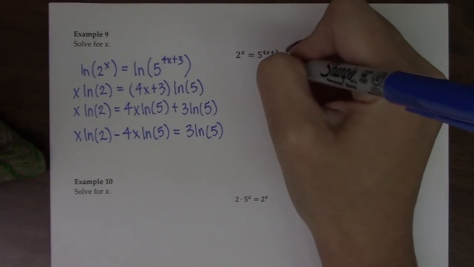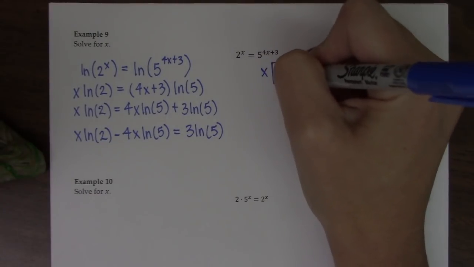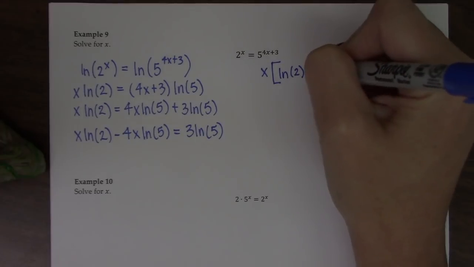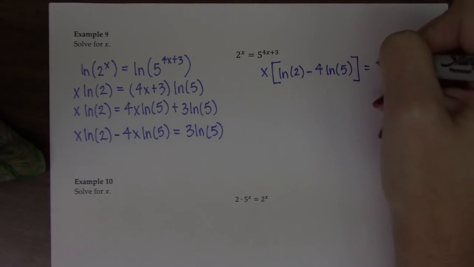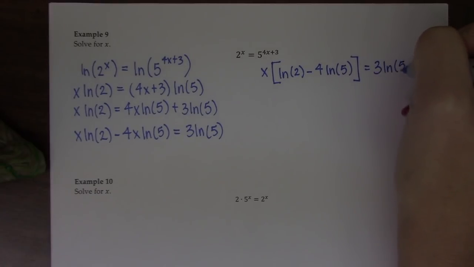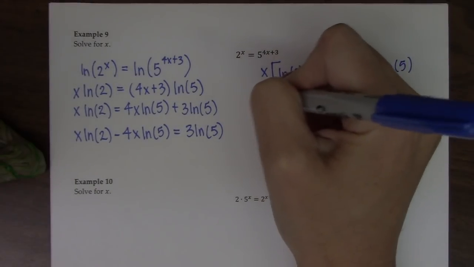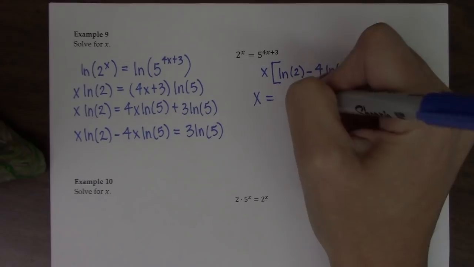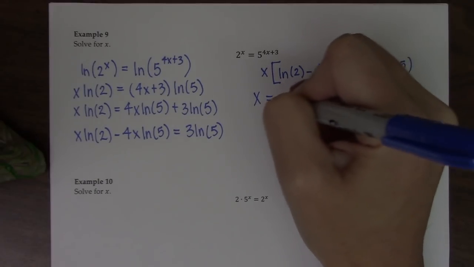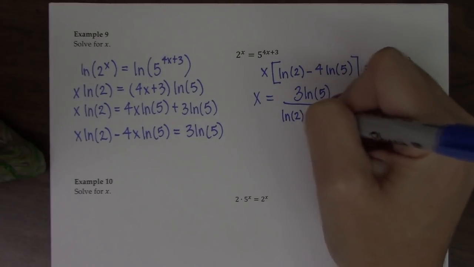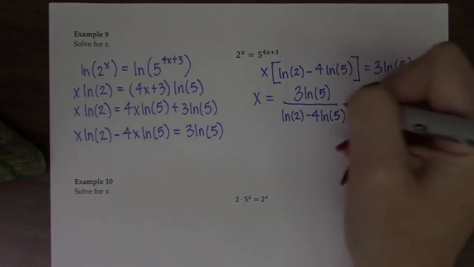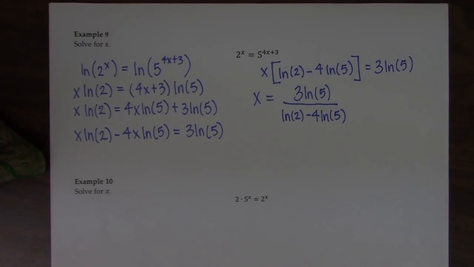I can factor out the x on the left side. And we get 3 natural log of 5 divided by the natural log of 2 minus 4 ln of 5.